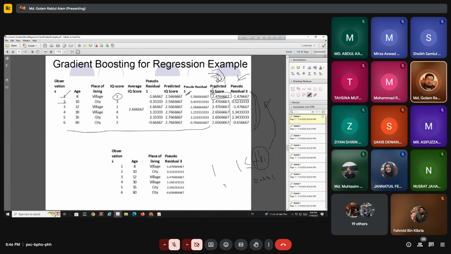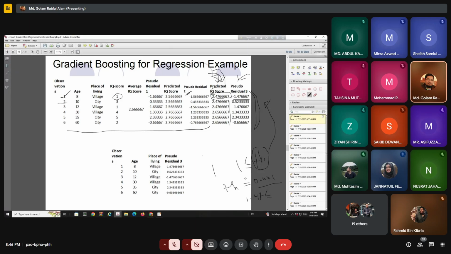So if we consider this one as the threshold, 0.001, then it is negative 1.47, so the absolute value is 1.47. So it is still far from the threshold. That means we have to do many iterations.